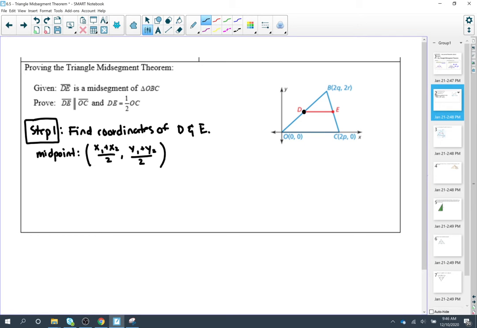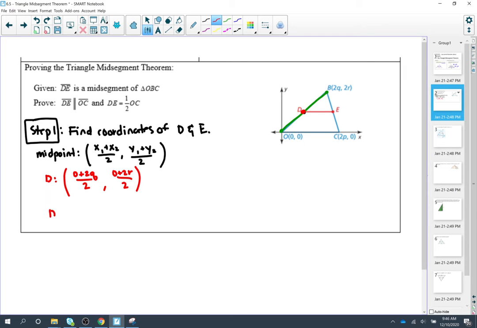That finds your midpoint. So if I'm trying to find D over here, which is the midpoint of OB, I'm going to take my x coordinates, which are 0 and 2q. So we're trying to find D right now. I'm going to take 0 plus 2q, and I'm going to cut it in half. And then for my y's, I'm going to take 0 plus 2r, and I'm going to cut that in half.